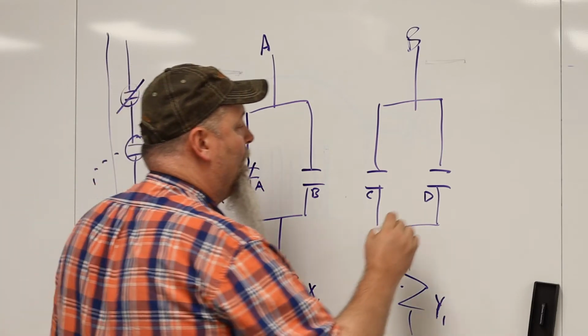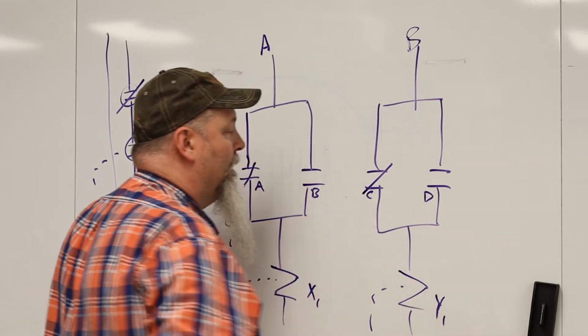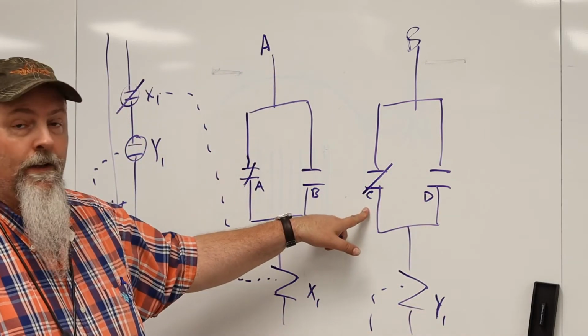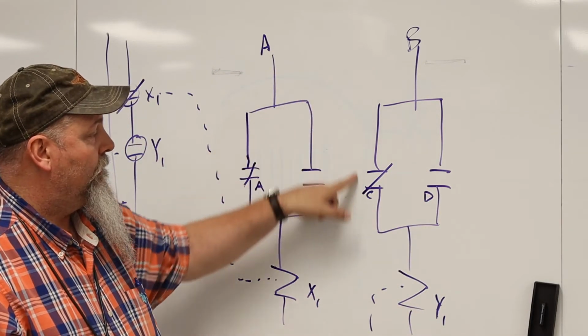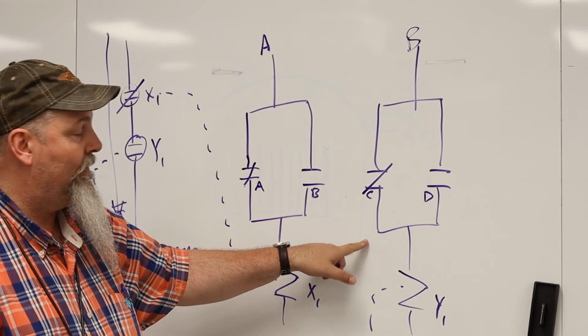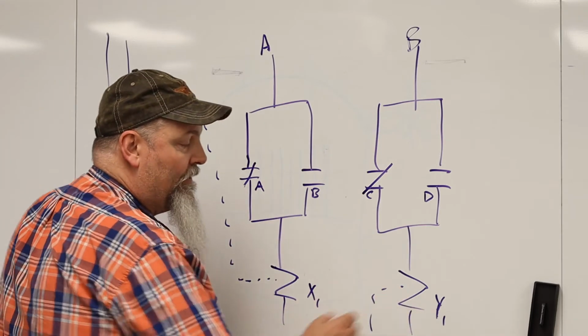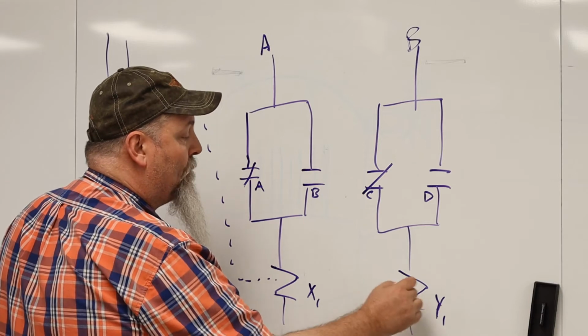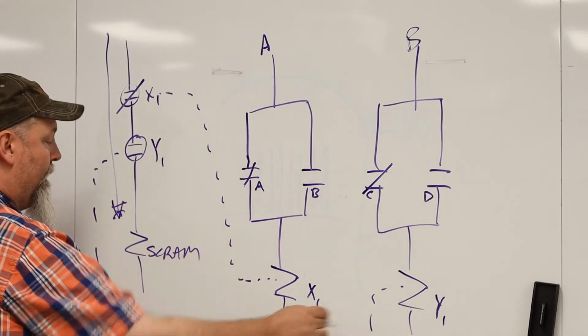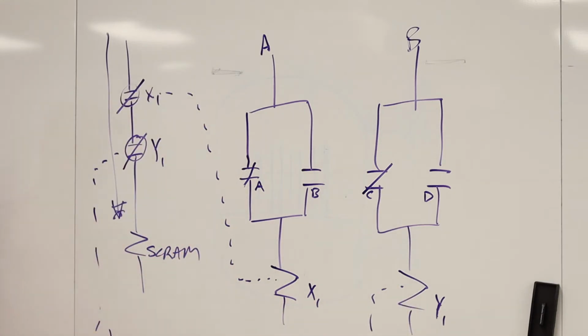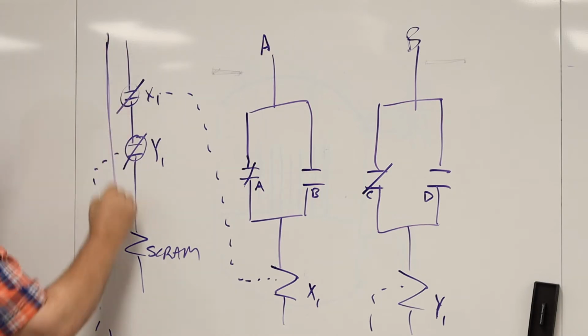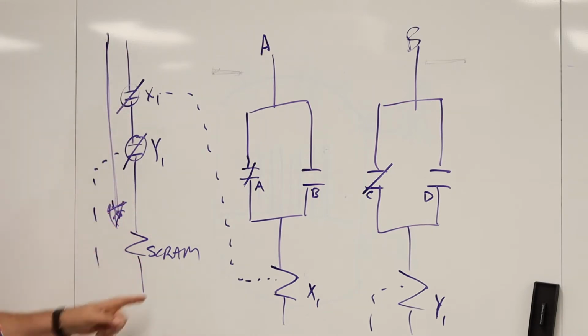So let's say I get Charlie. Once the Charlie sensor says, hey, I meet this condition, now the Yankee 1 relay has power. And then it closes this relay, and then whammo bammo, rods go in, I get a scram.